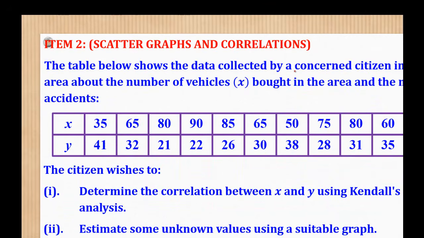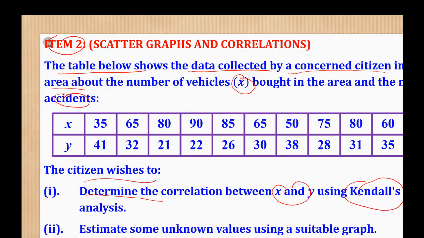So that was question 1. Now item 2 is about scatter graphs and correlation. The table below shows the data collected by a concerned citizen in a certain area about the number of vehicles X bought in the area, and the number of accidents, Y. The citizen wishes to determine the correlation between X and Y using Kendall's. Remember, Kendall's was not on the syllabus before, but now it was added.